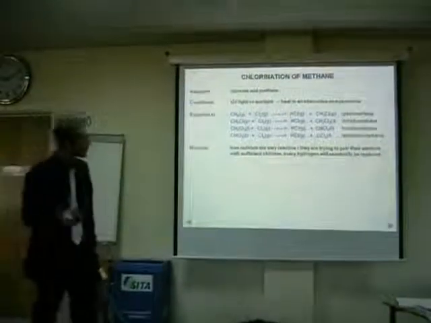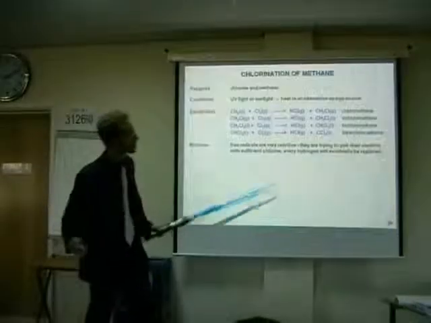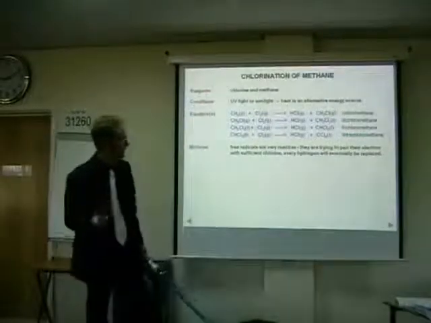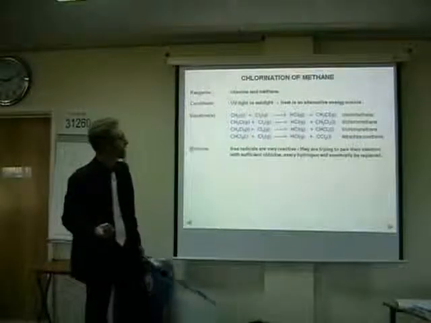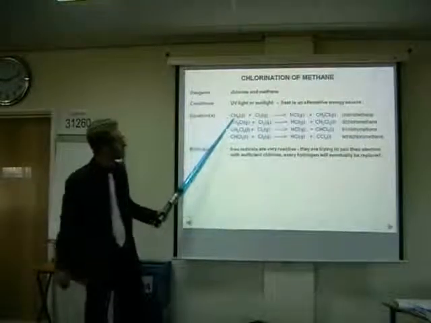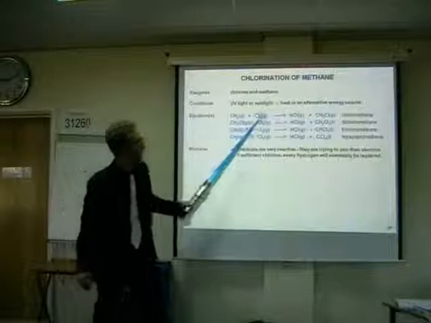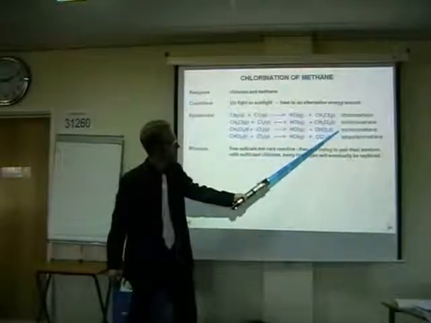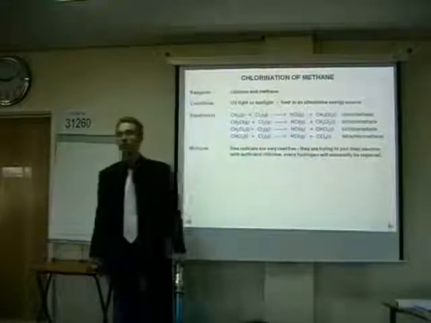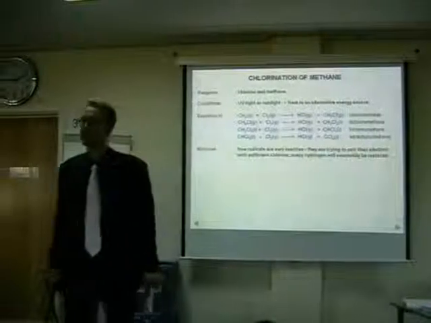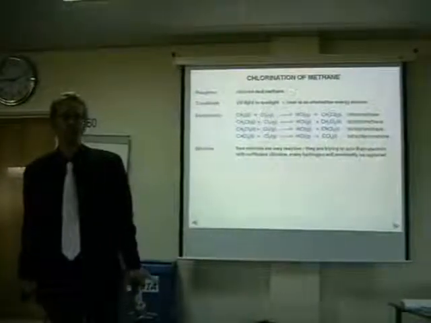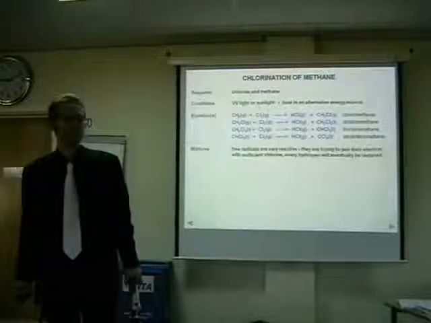And once the reaction is done, you get all sorts of stuff. And we'll talk about specific reactions in a minute. But at this point, I want to say, if you start with methane, chlorine, you can get chloromethane, dichloromethane, trichloromethane, and even tetrachloromethane, which used to be called carbon tetrachloride, but is no more. Happy with that?